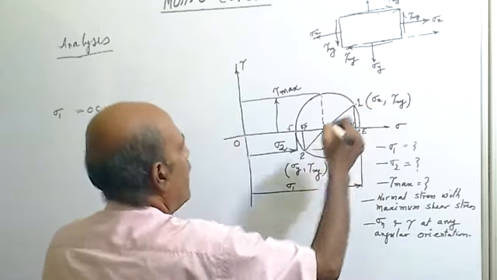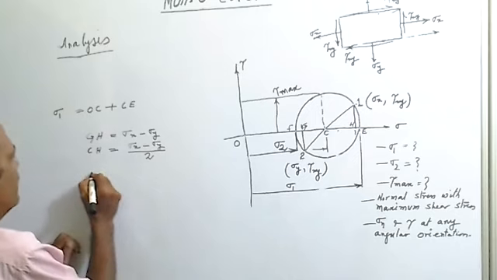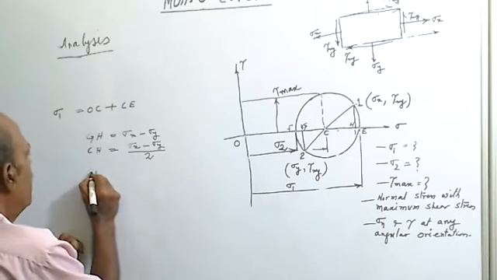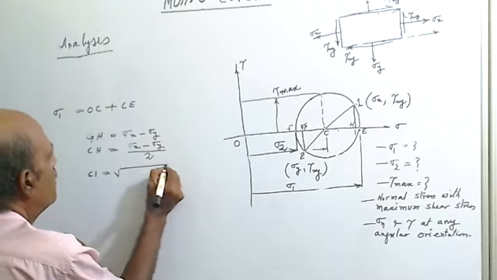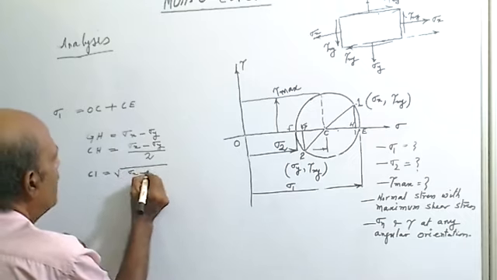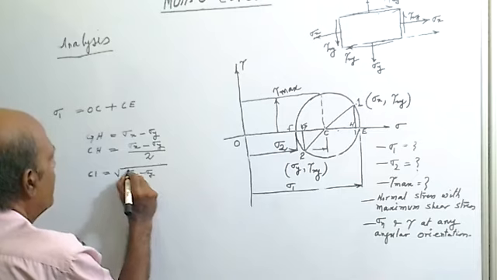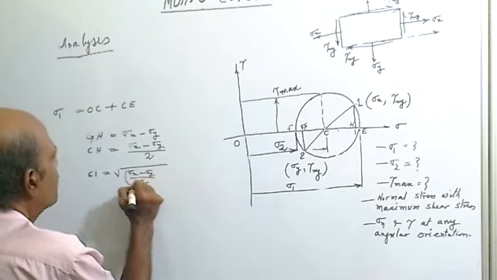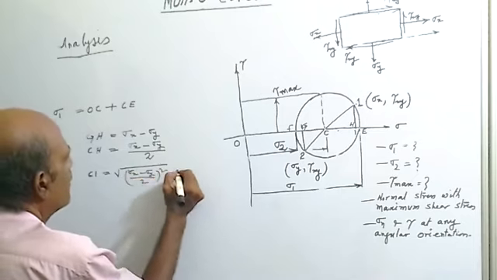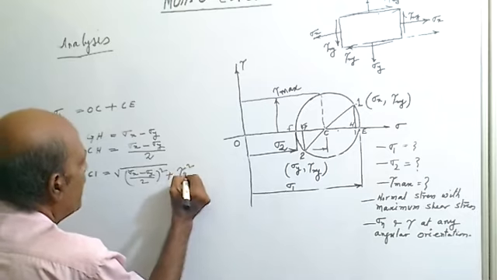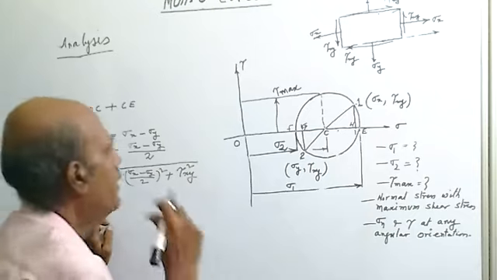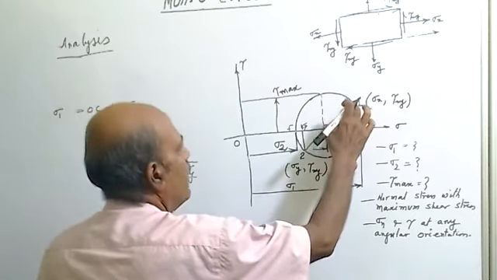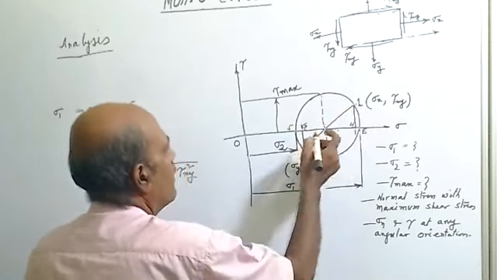So we can find the distance C1, which will be root over of (sigma x minus sigma y by 2) whole square plus tau square xy. That is the radius of the Mohr circle.